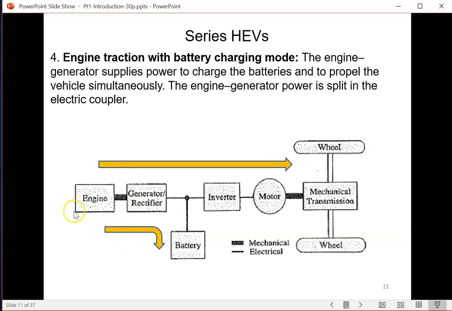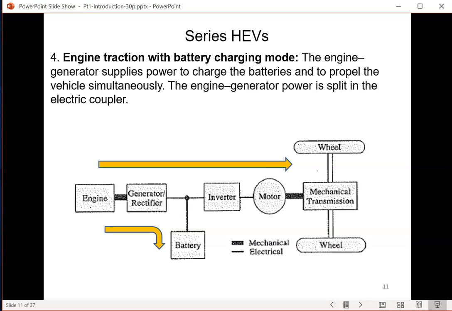Now, the reason why the engine sometimes charges, sometimes drives the wheels, sometimes doesn't, is that the engine is at its best, or most efficient, when it's running at a certain speed and in a certain defined power range.